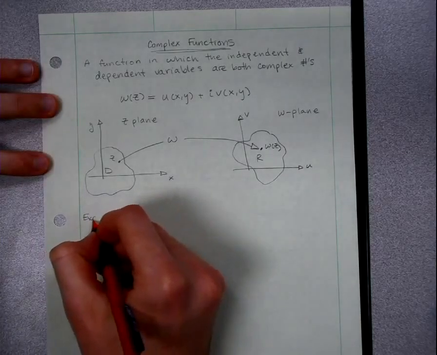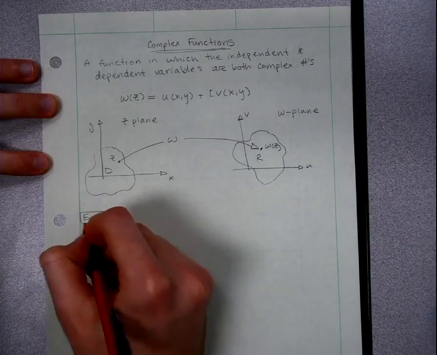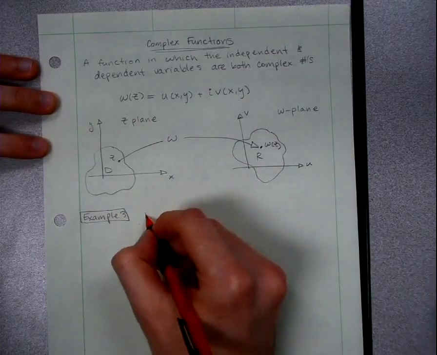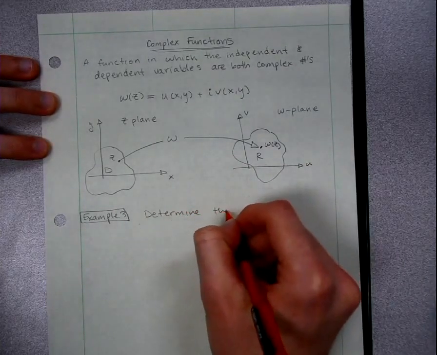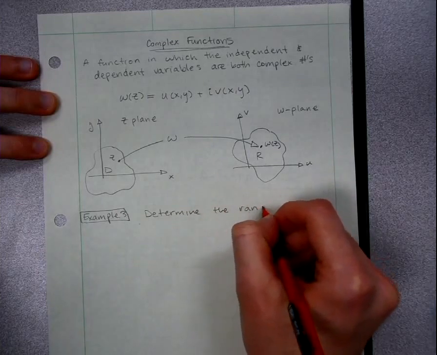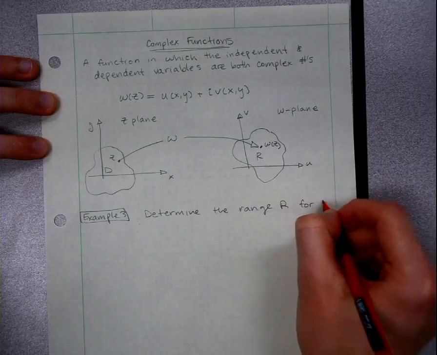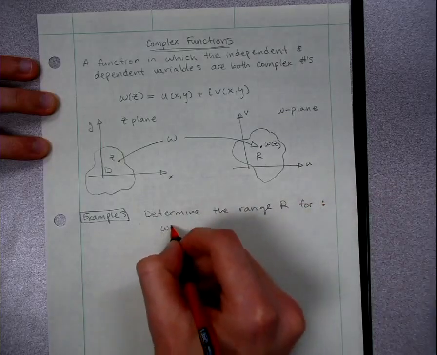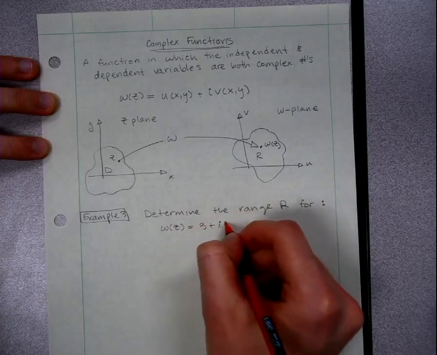So example 3. Okay. So we're asked to determine the range R for w of z equals 3 plus i z.